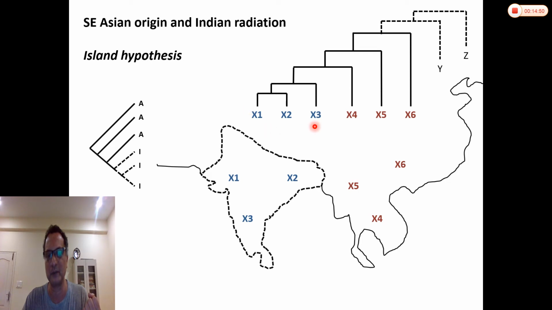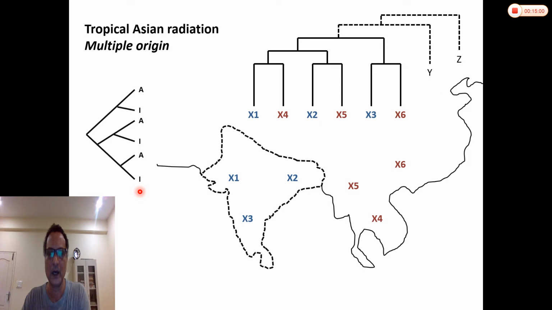So the Indian forms would be monophyletic. So this would be a single dispersal into India followed by radiation. However, you could also have a situation where this is a tropical Asian radiation, and there's multiple dispersals into India, right? So the Indian forms then would not be monophyletic, right?